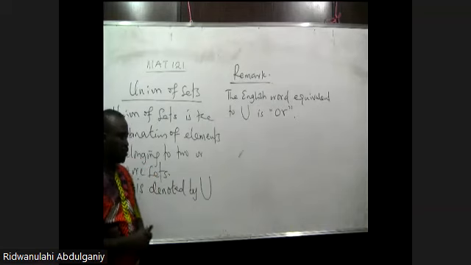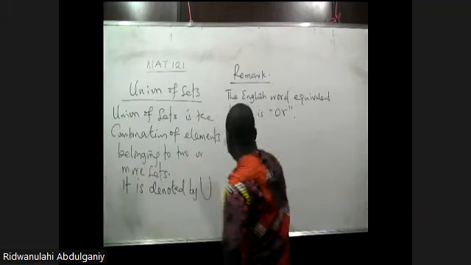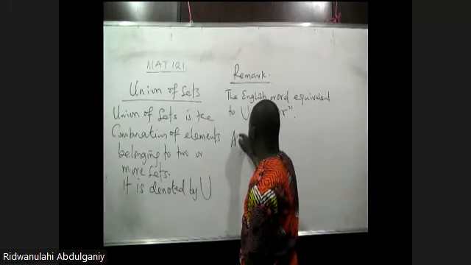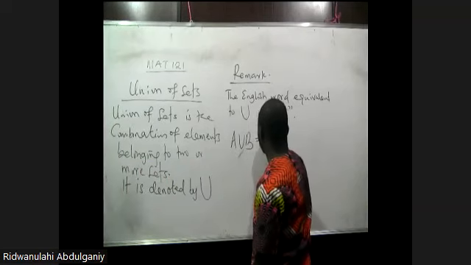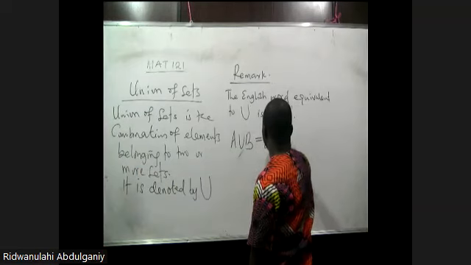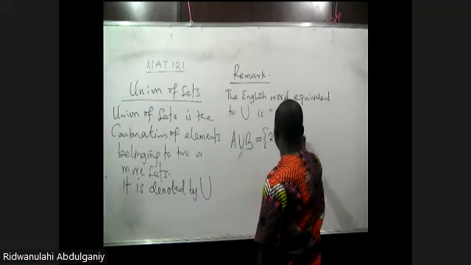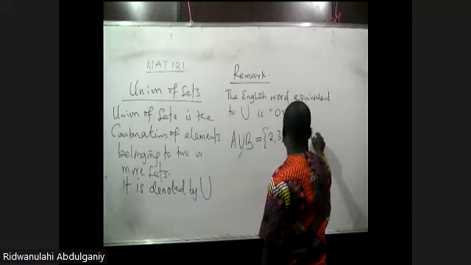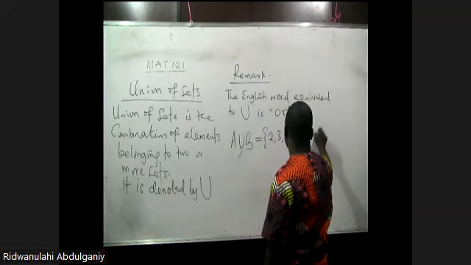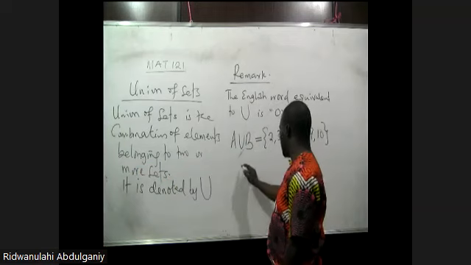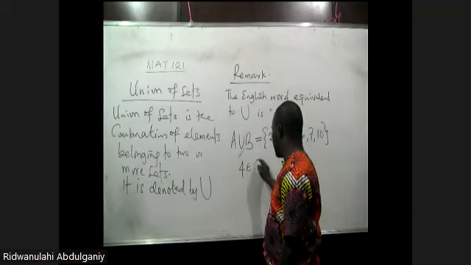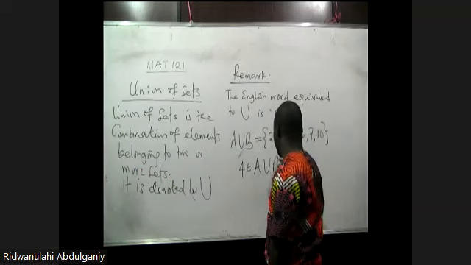For instance, so that you understand this, suppose I say that A union B equals {2, 3, 4, 5, 6, 7, 10}. Definitely, we are saying that 4 is a member of A union B.